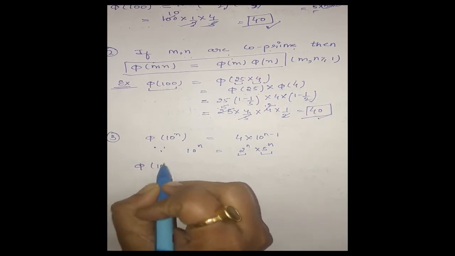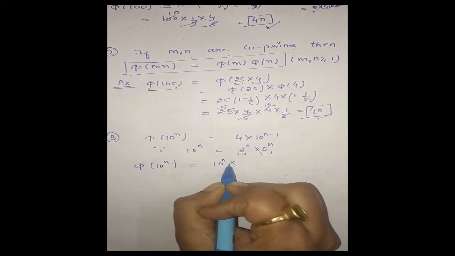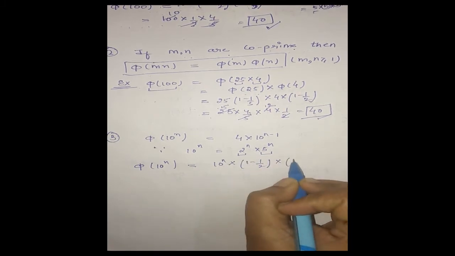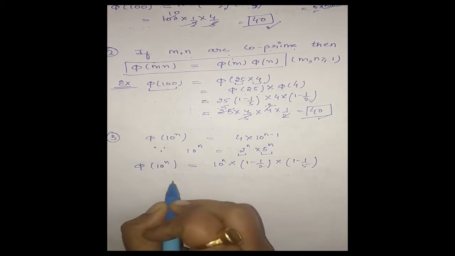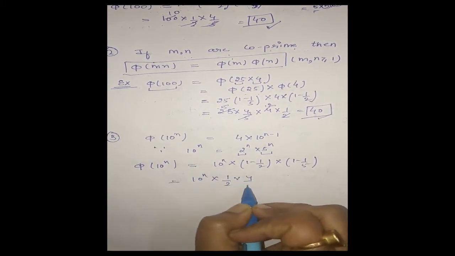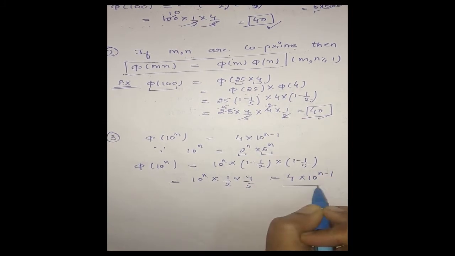Then using the first result, this is equal to 10 power n into 1 minus 1 by 2 into 1 minus 1 by 5, and this is 10 power n into 1 by 2 into 4 by 5. That is 4 into 10 power n minus 1.